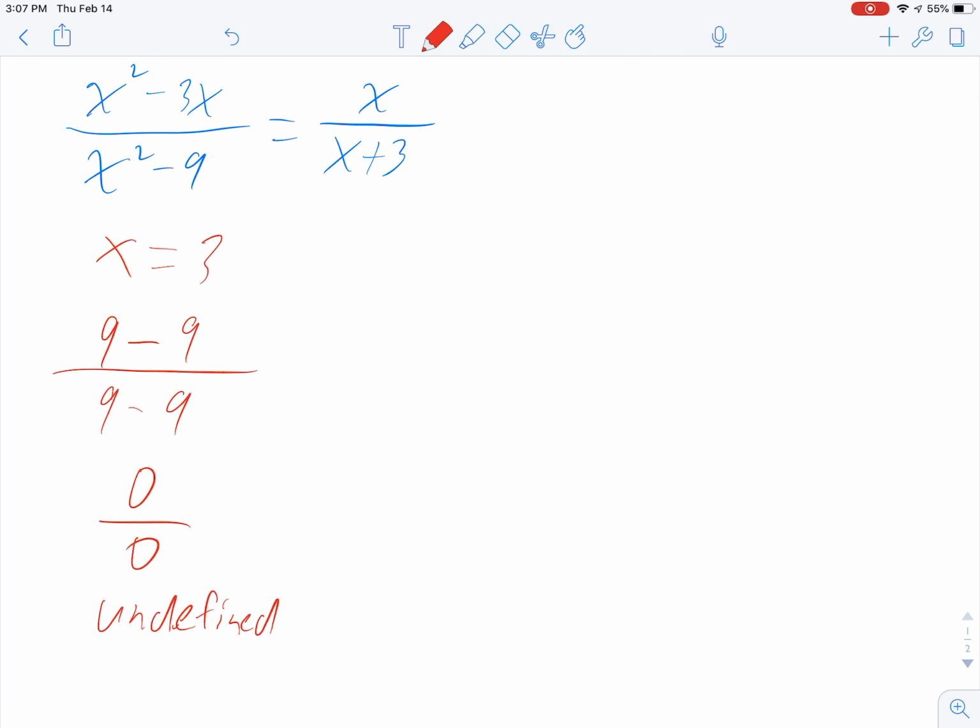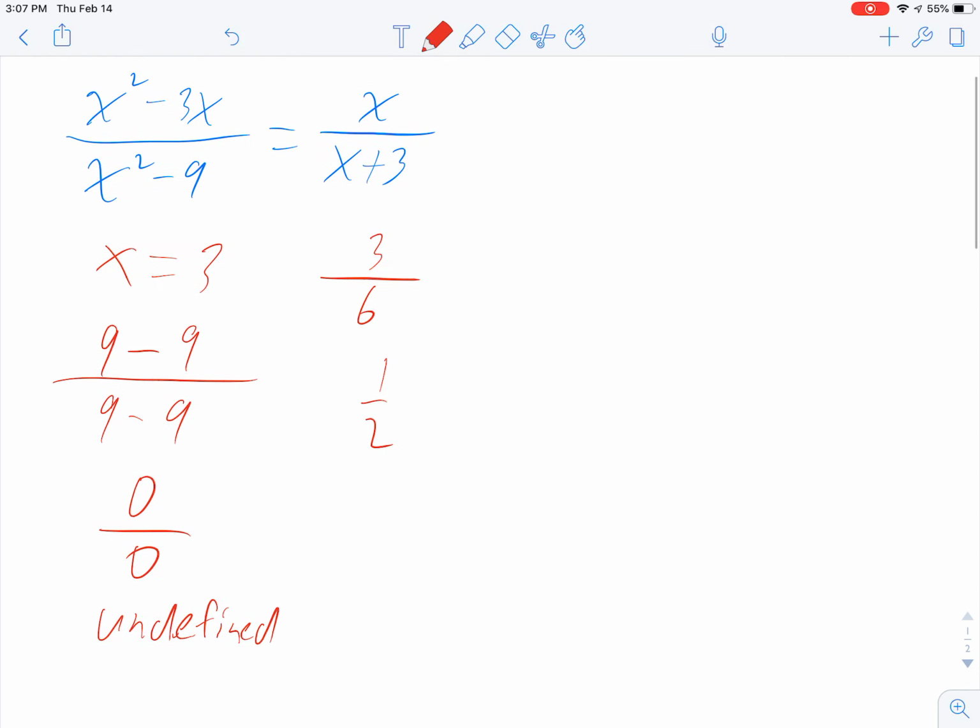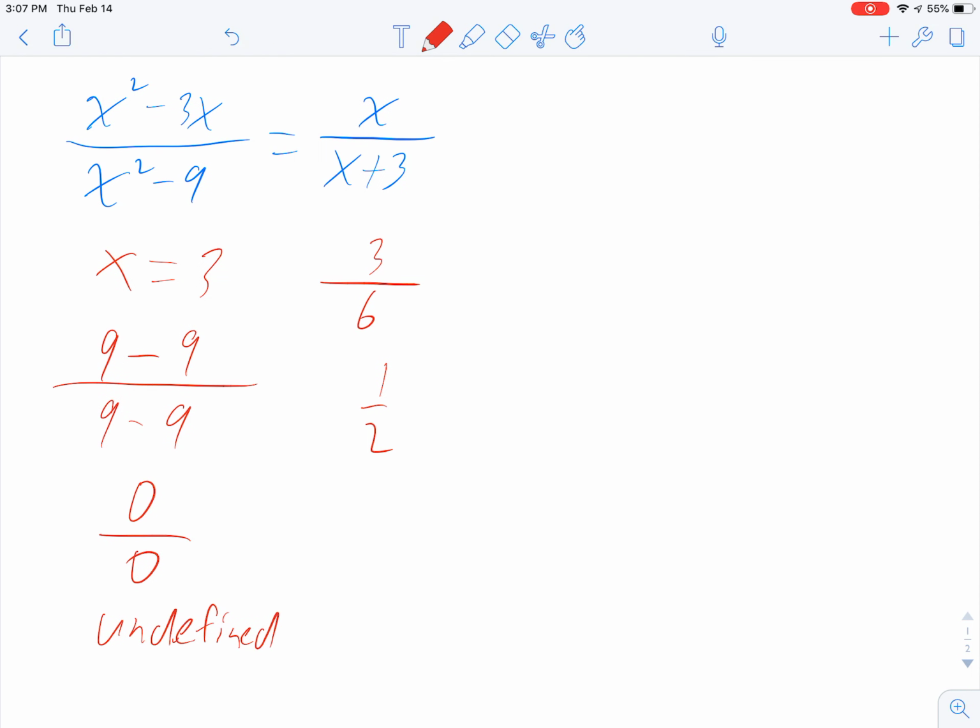When I plug 3 into the expression on the right, I get 3 on the top. 3 plus 3 is 6 on the bottom. I get 1/2. They're not equal. The reason they're not equal is because they're only equal for x values that are defined, for x values that don't cause division by 0.